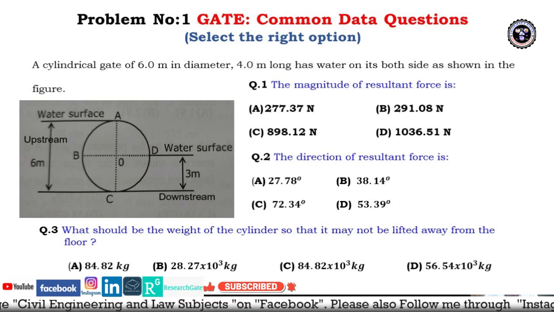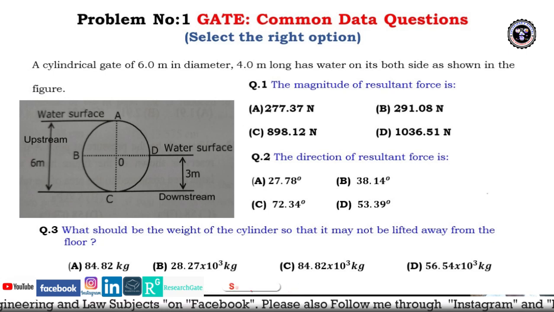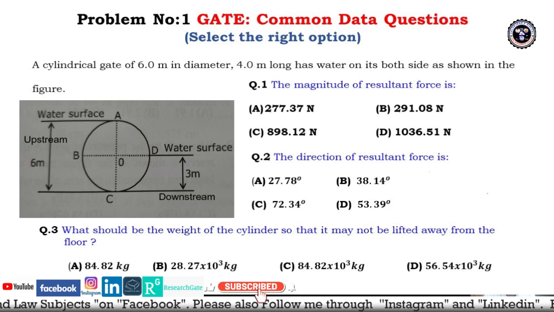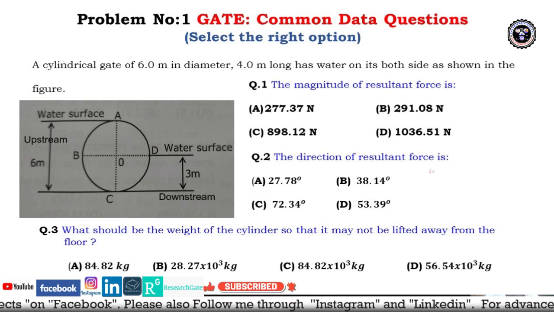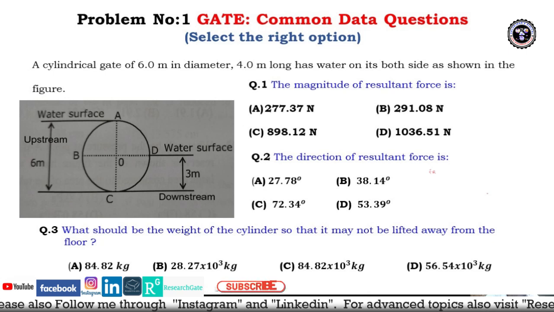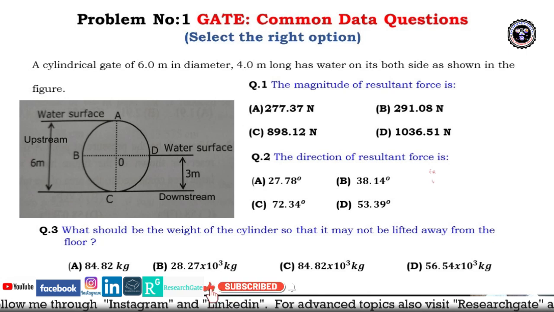Okay, so what he wants to ask is, first of all, we have to find out the magnitude of the resultant force, that is Fr. Then the direction of the resultant force, that is theta equal to tan inverse of PV upon PH.